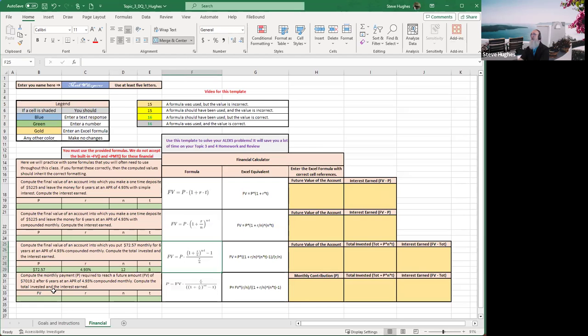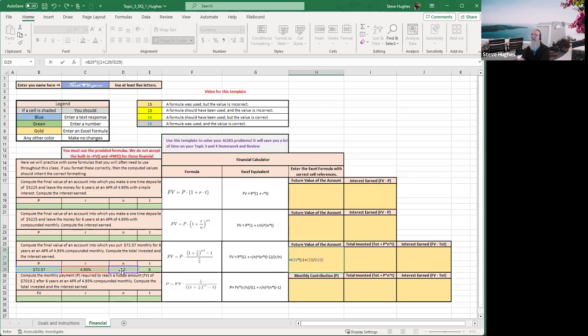Now I've got all this entered. I'm going to go right here to my formula and start my work. Everybody notice that I'm going to start with the equal sign. Type equals. I need the payment, so I click on the cell with the payment. Remember, between all operations I have to have the multiplication sign, so I put the multiplication symbol. It shows me I need two parentheses, so I enter my two parentheses. 1 plus R, just click on the cell, R divided by N. Click on the cell, close my parentheses.